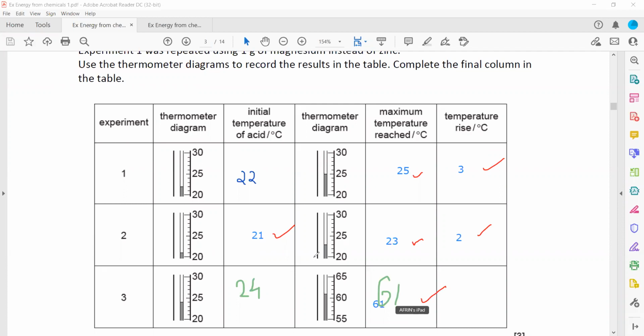And what about the difference in the temperature? 61 minus 24. The difference in the temperature will be 61 minus 24, so that will be 37. So this one is 37.